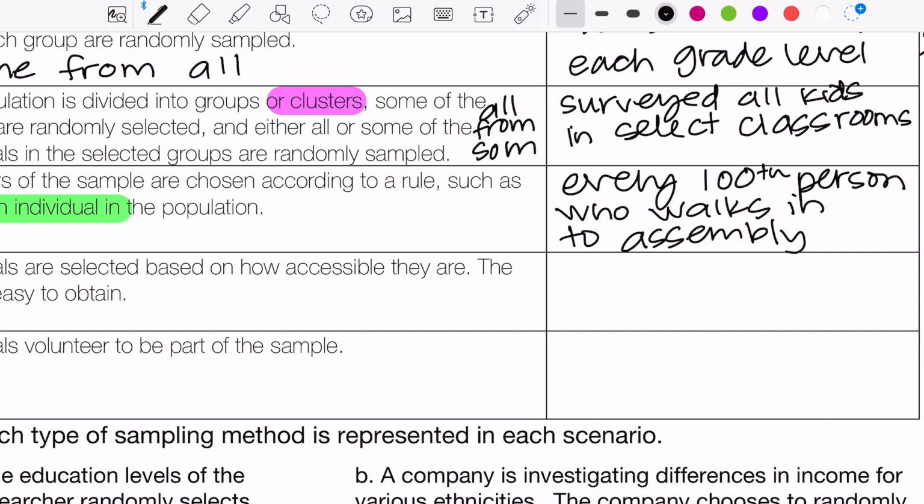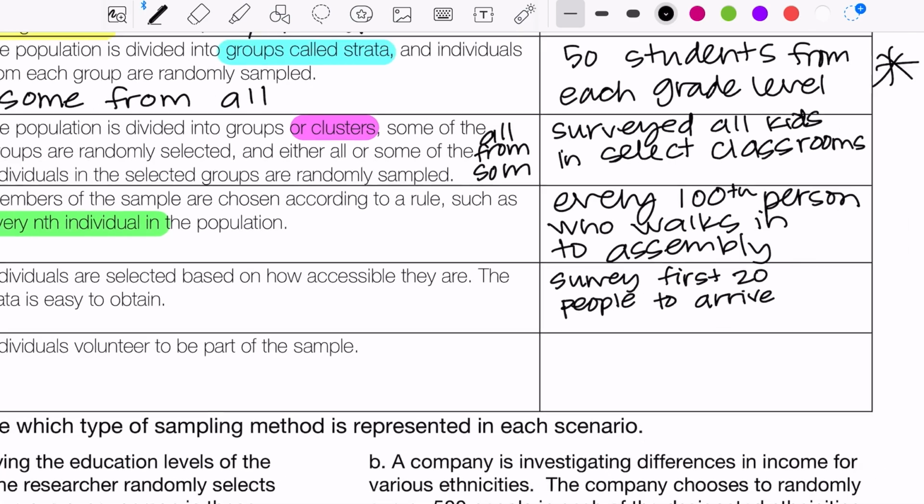So another one would be if you want to survey the first 20 people to arrive. That's convenient, but that doesn't mean you're getting accurate information for the whole population. You're just getting it based on people who arrive on time.